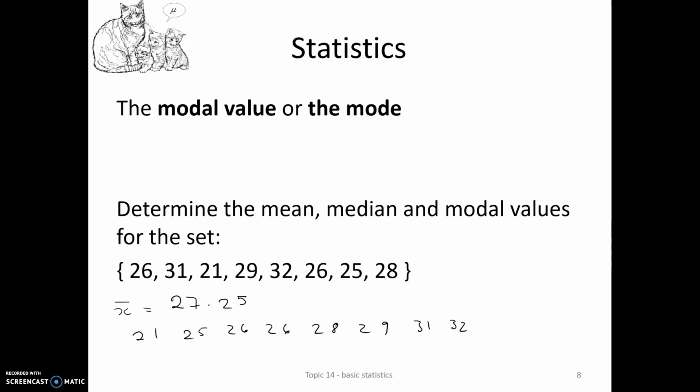There isn't a middle value, so it would be halfway between those two, which is 27 for your median. And you can also find that either by inspection here or from your calculator. The mode is the most common, so the mode in this particular case would be 26.